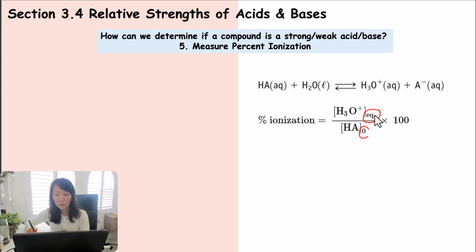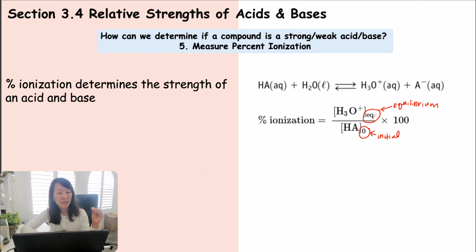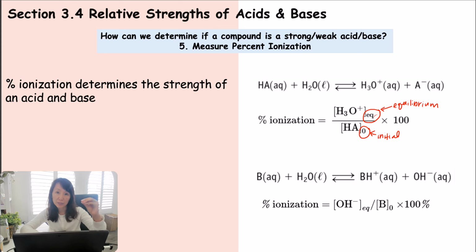So that 0 represents initial, and EQ represents equilibrium. So percent ionization, again, determines the strength of an acid and base. The greater the percentage, the stronger the acid.